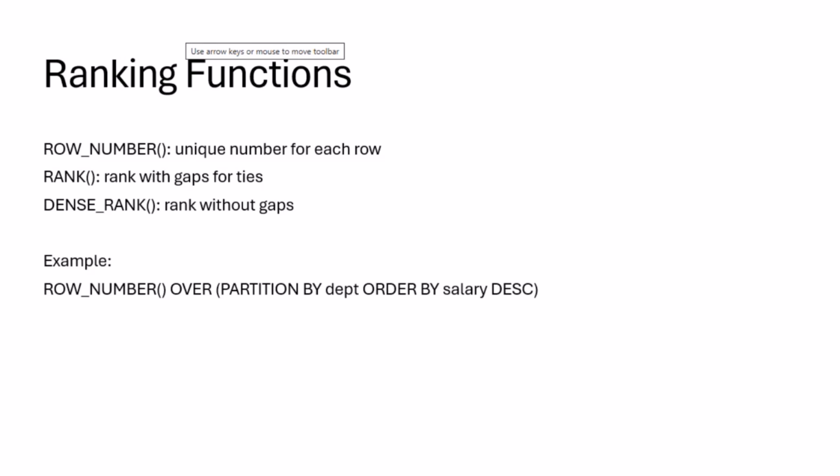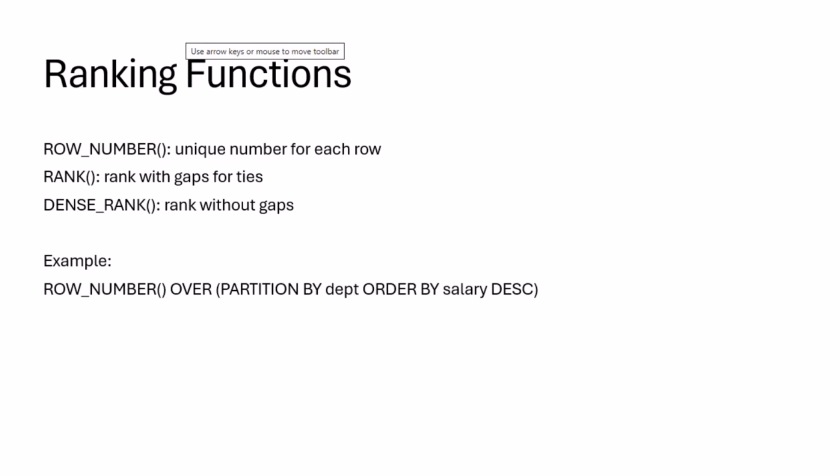The employees have been partitioned by their departments, just as in the example I gave earlier, but now ordered by their salary, in descending order. So that means we're interested in knowing those that have high salaries in each department. Then it assigns a row number to each.